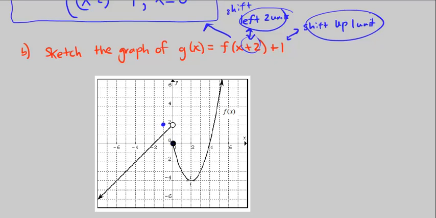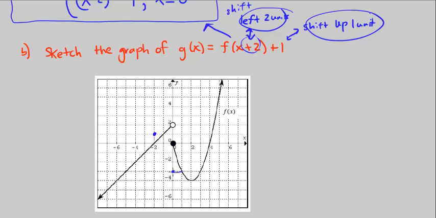The vertex over here shifts left 2 units, up 1 unit. Oops, I did the first one wrong, excuse me. Why did I do it wrong? I went up 2 when I should have gone left 2. So left 2, up 1 brings us here. So again, left 2, up 1 brings us here for the vertex.